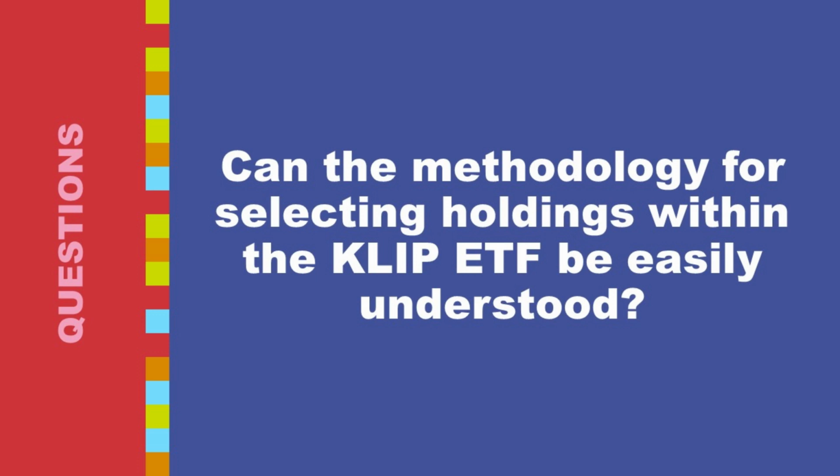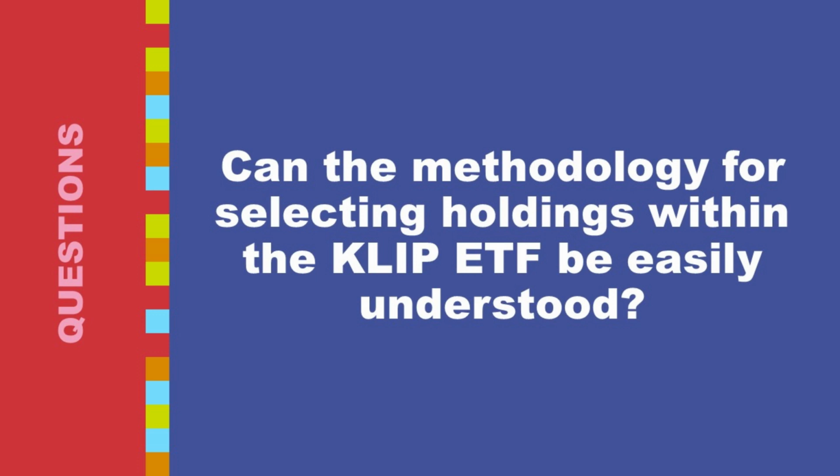Understanding the index methodology. While KLIP itself doesn't require complex security selection, a deeper understanding of the CSI Overseas China Internet Index methodology can be beneficial. This information is typically available from the index provider, CSI, and might involve some technical financial terms.